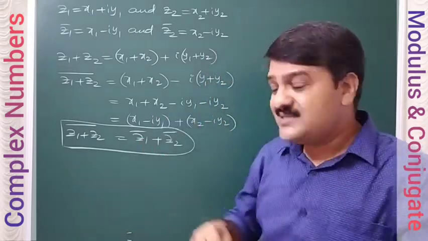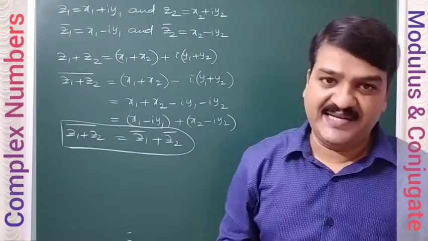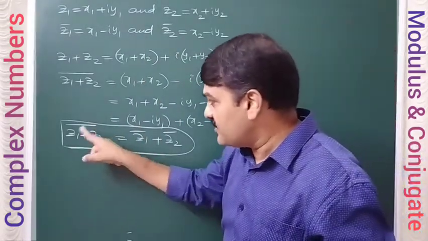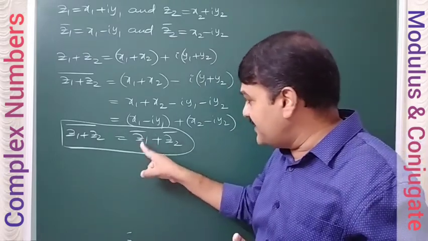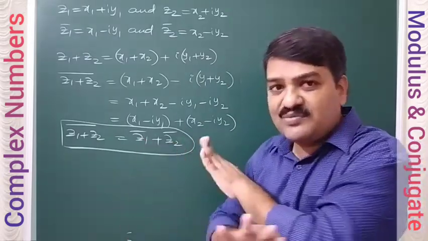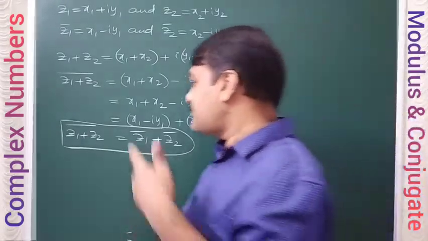It will be same as adding z1 plus z2 and taking conjugate. So if you take conjugate by adding these two, or you take conjugate for z1, z2 separately and add, both will be same. That is the basic property here.